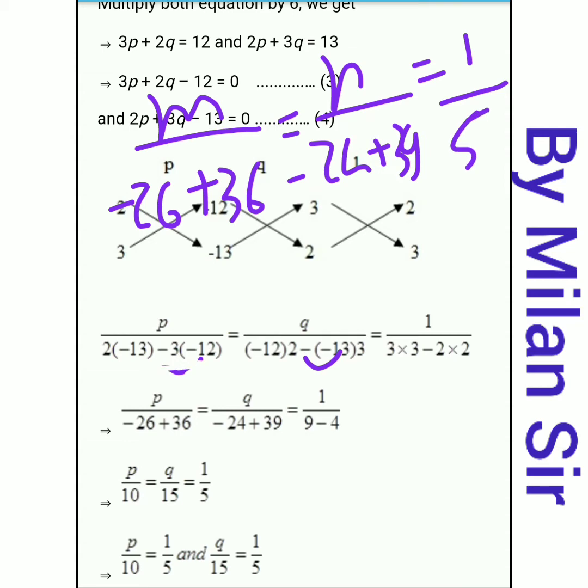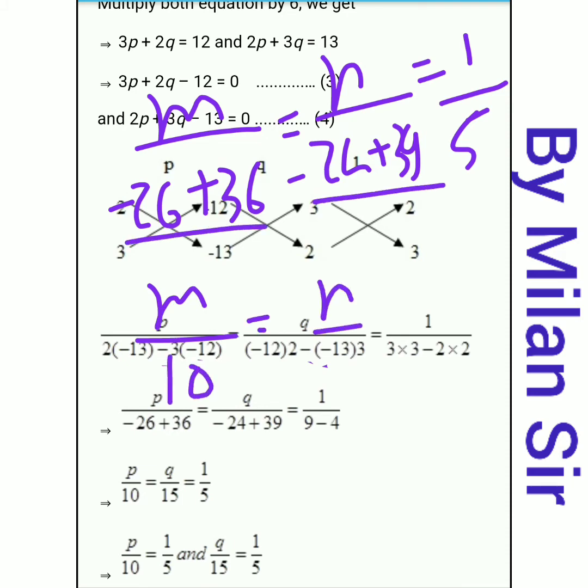Now we need to simplify this. First of all, m upon 36 minus 26, that is 10. Here 39 minus 24 is 15. The bigger number's sign is positive, and 1 upon 5 as it is.